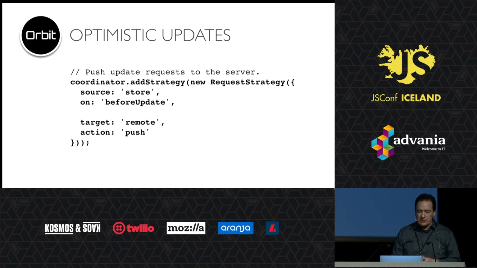This is an example of optimistic updating, where a request strategy is added so that before the store is updated, we're going to push that update to the remote source.